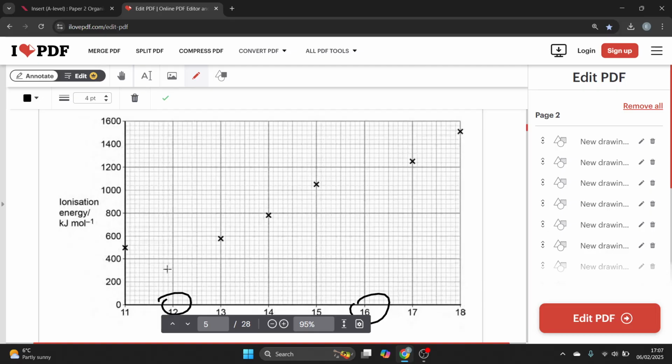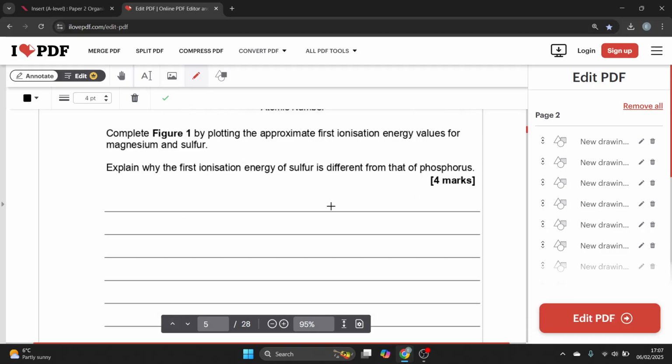For magnesium, generally it goes up, and then same thing. So for magnesium, it should be somewhere between 600 and 800. So let's just say here. And sulfur, somewhere between 800 and 1000 or 1040, because then it goes back down. So here, that should be fine.